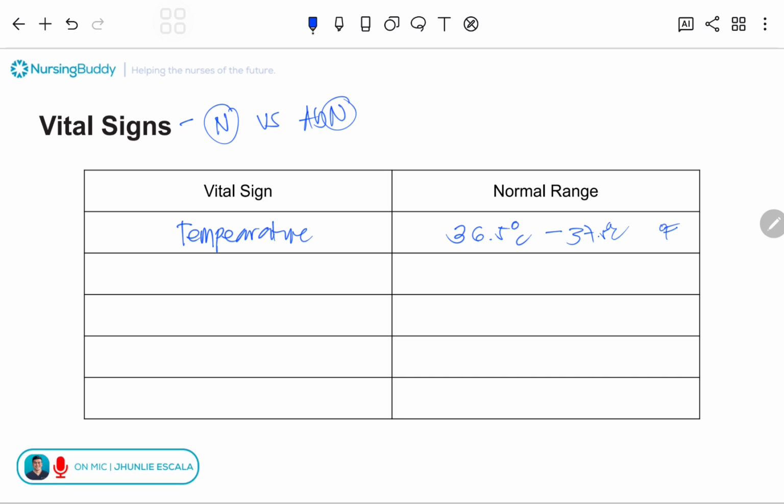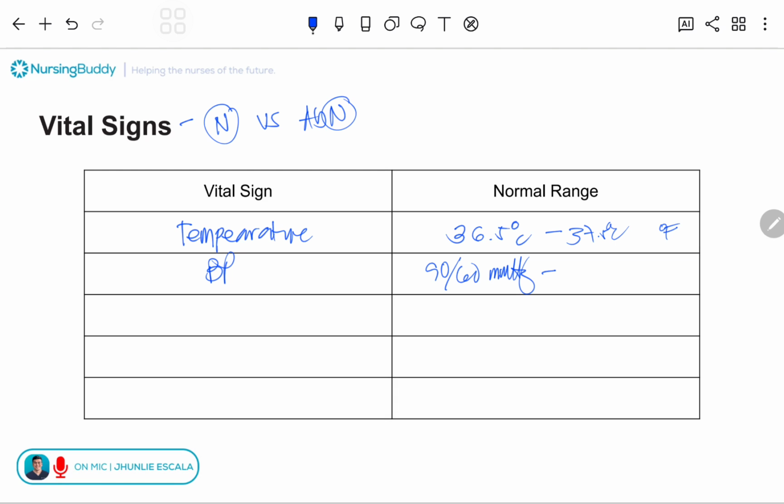Okay? Now, when it comes to BP, we know that our normal BP is 90 over 60 millimeters mercury. Because we say 90 over 60, right? That's very low. Actually, it depends, which is why our nursing concepts agree that there should be a range for your blood pressure.